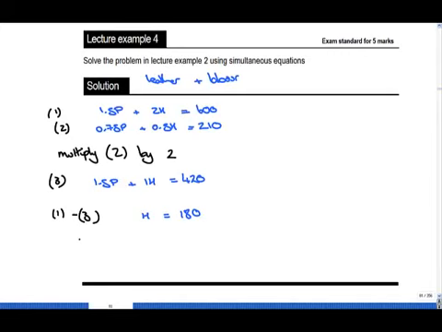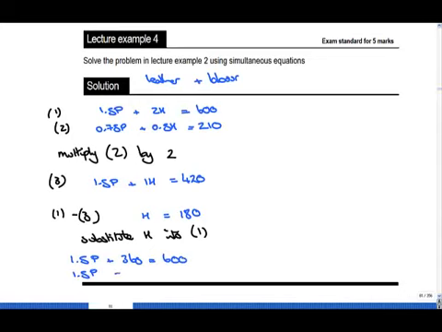Now I know the value for h, I can drop that into my formulae and work out the value for p. So if I substitute h into 1, my first formula, 1.5p plus 2 times h, well 2 times 180 is 360, and that has to be equal to 600.